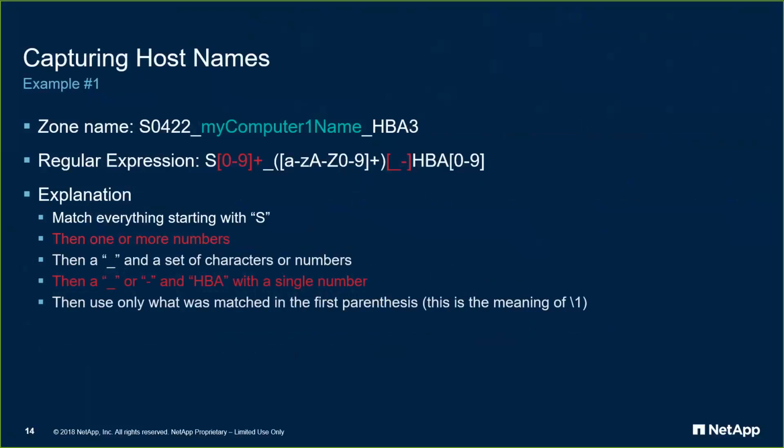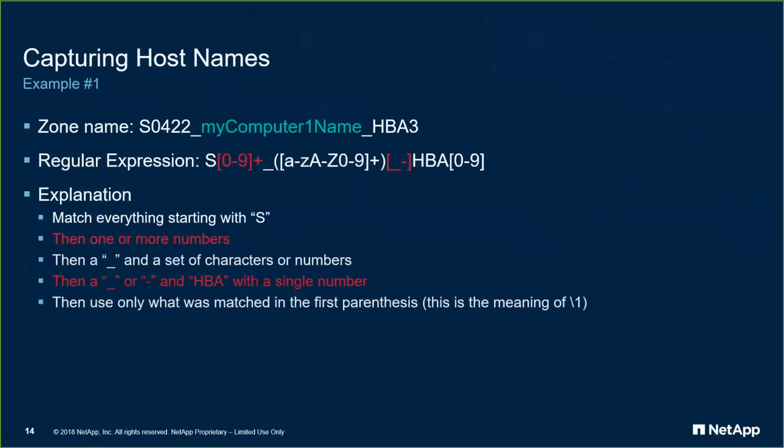So the S represents the zone name, and that begins the expression. The characters in the brackets, so brackets 0 through 9, this is going to indicate that the S must be followed by a digit between 0 and 9. The plus sign, this indicates that the information within the preceding brackets must exist at least 1 time.